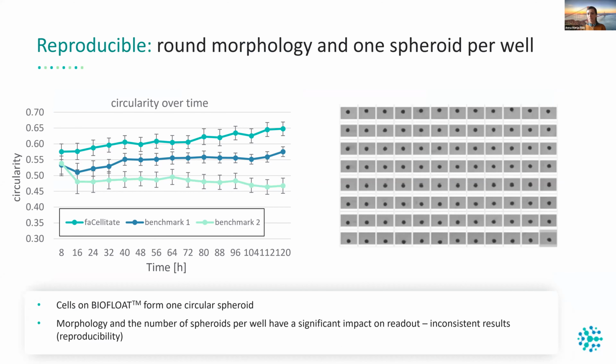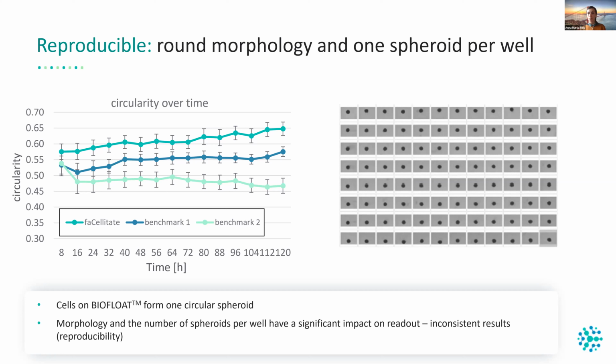Here we quantified the data and measured the circularity of the spheroids, which is a marker for the roundness of the spheroids. Values near 1 describe a perfect circle. Spheroids in the bioflow plates showed the highest circularity in comparison to benchmark product 1 and benchmark 2, which showed a lower circularity.